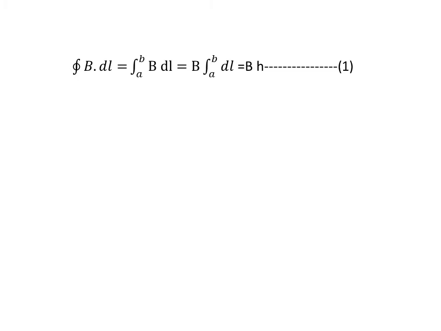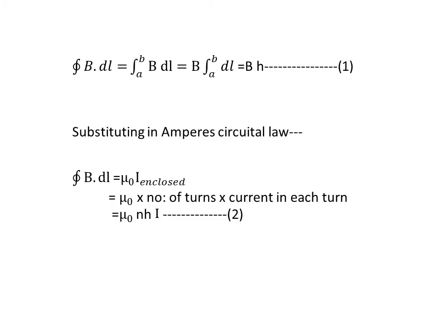Now we are going to apply this to Ampere's circuital law. Integral B dot dl is equal to mu 0 into I enclosed. Now we have to find I enclosed. Just take the current in each turn to be I. n is the number of turns per unit length, that is number of turns when length L is 1.